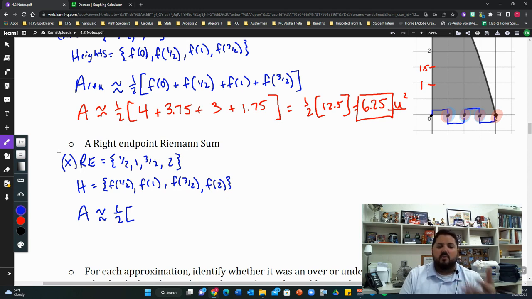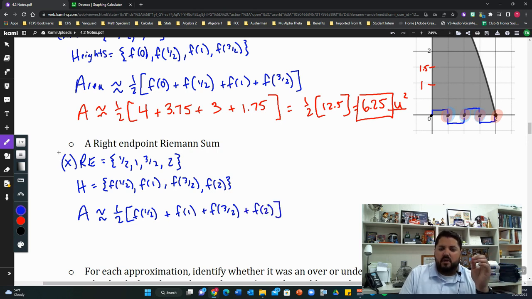The only ones that don't overlap or get used in both are the A and the B values. So we do already kind of know 3 of these numbers, but setting up the formula, it will look very similar to what we just did, except f of 0 is no longer in there, but now f of 2 is.